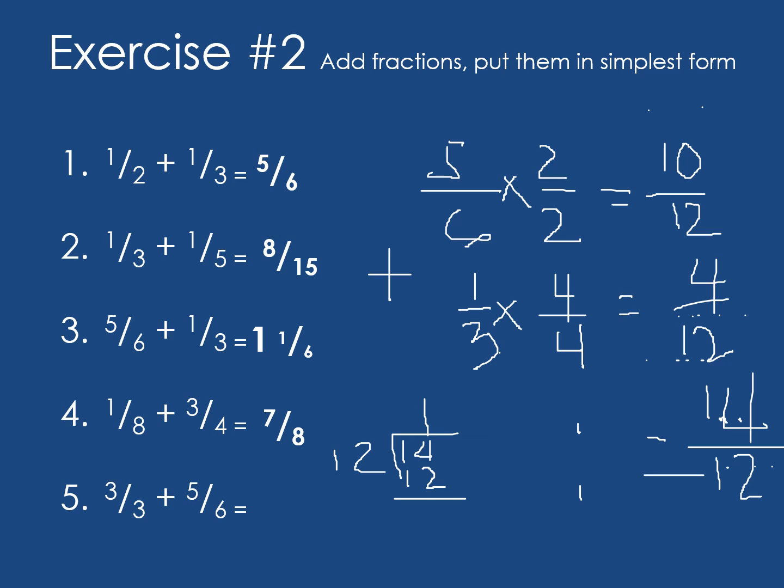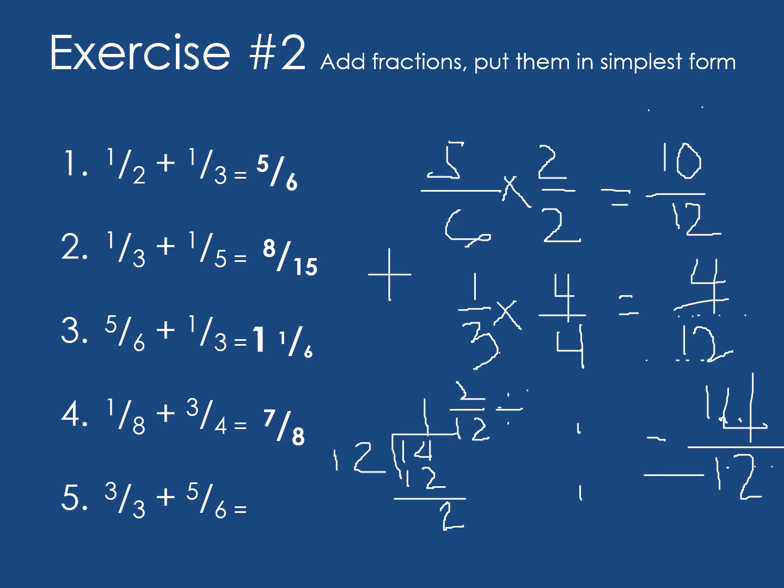Then 14 minus 12 is equal to 2. So this is the remainder. Copy this at the top. 2 over 12.